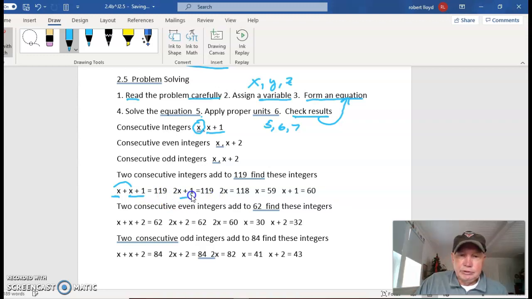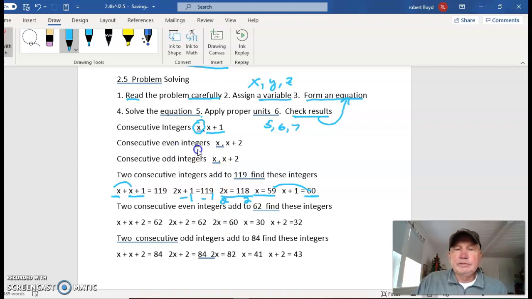We undo the addition, so we get 2X equals 118. Now we divide both sides by 2, we undo the multiplication, X is 59. One more than that is our 60. If we add these two together, we will get 119.